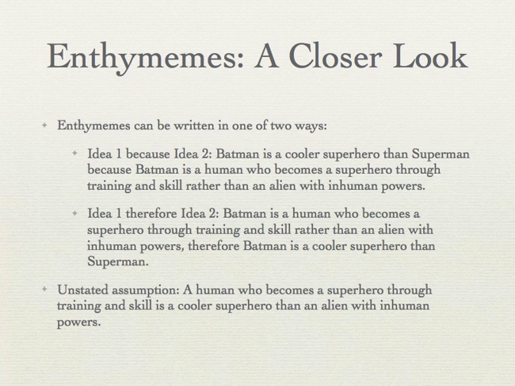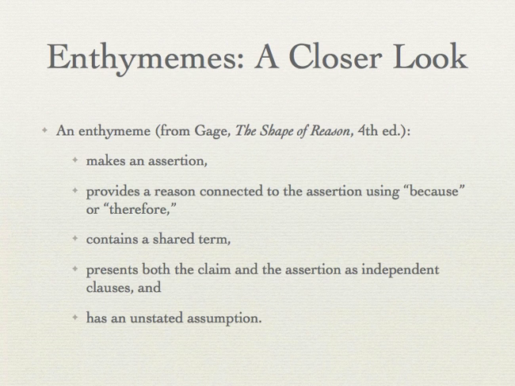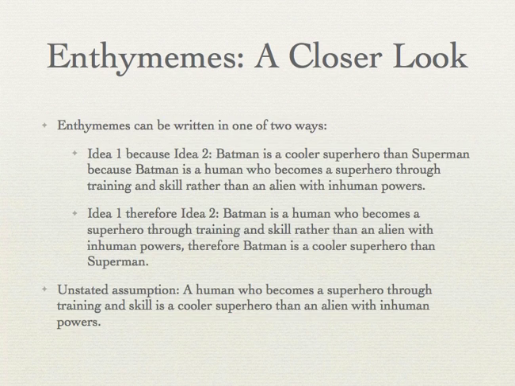Let's take a look at the first one there. They both basically have the same wording, so the same conditions are going to apply to both. Let's take a look back at the five elements of an enthymeme. An enthymeme must make an assertion. We take a look at the first one, the assertion: Batman is a cooler superhero than Superman. That assertion is actually in both.